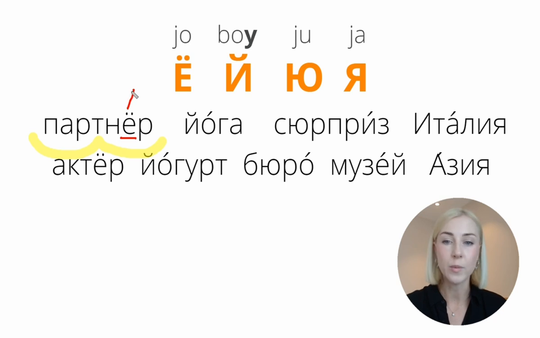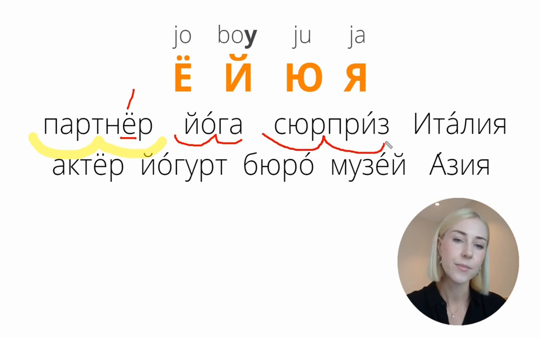So no need to place stress above because yo is always stressed. This is the rule. This is the law. Partner. Well done. The second one, yoga, yoga. Okay. Surprise, surprise. Well done.